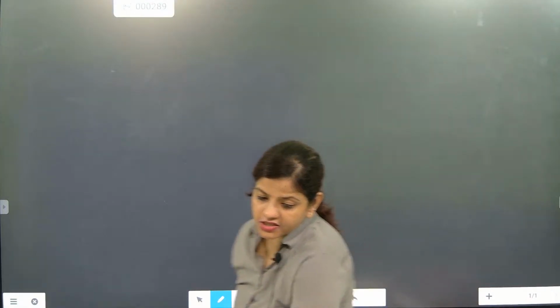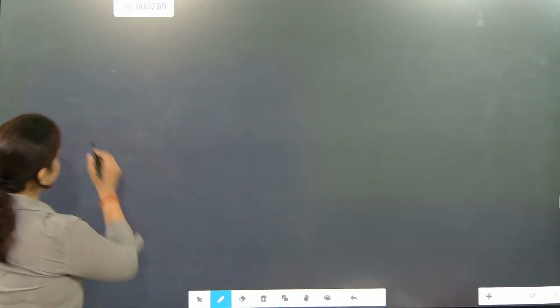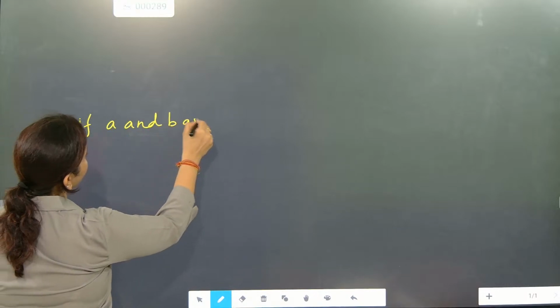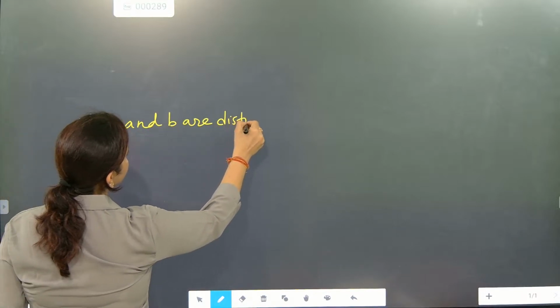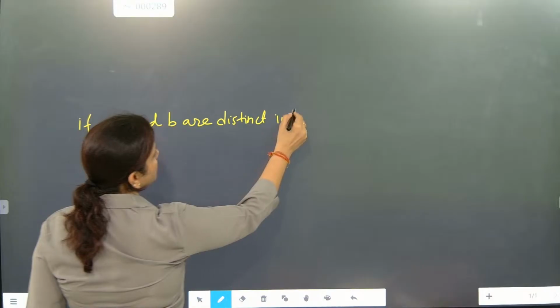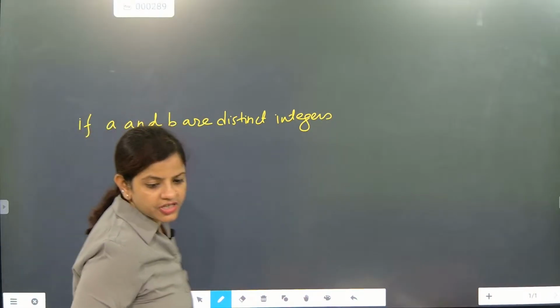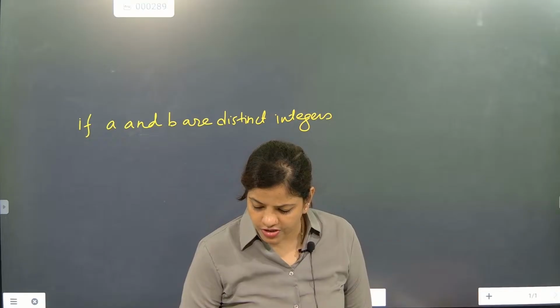In the previous video itself, beta, if you see: if a and b are distinct integers, last class itself I have taught this. Do you remember this question, beta?